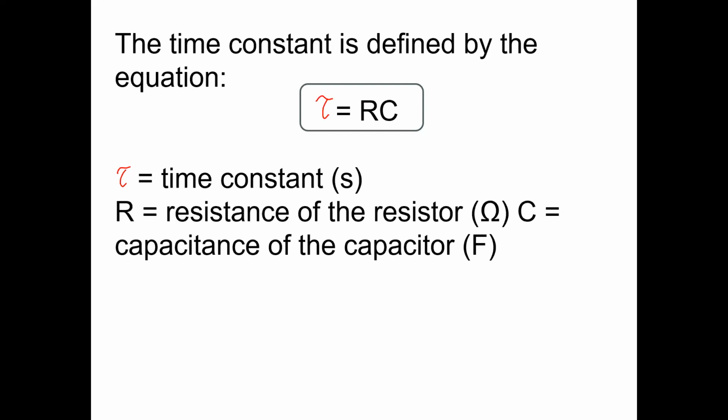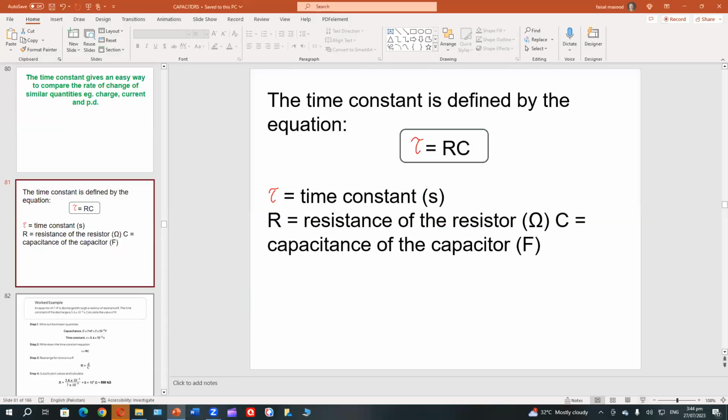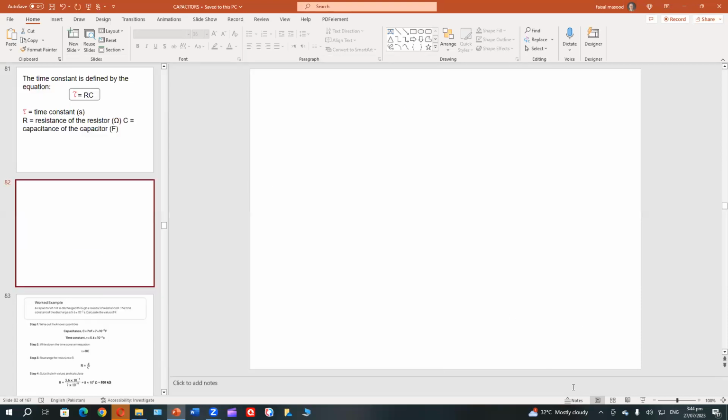Now R into C. Look, the unit of R is resistance, and it is ohm. If we go to our A level, AS level, we can recall the base units.